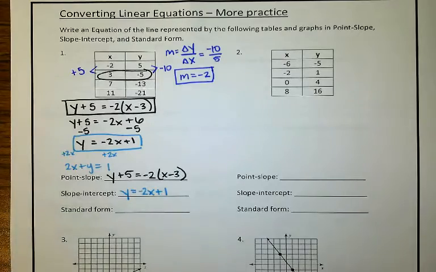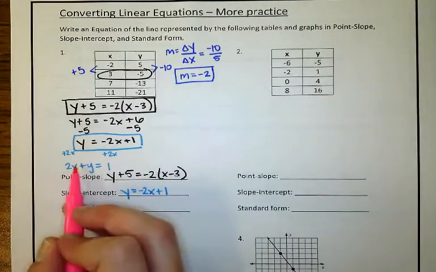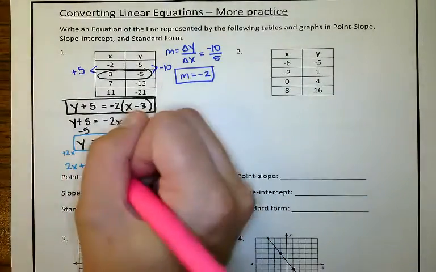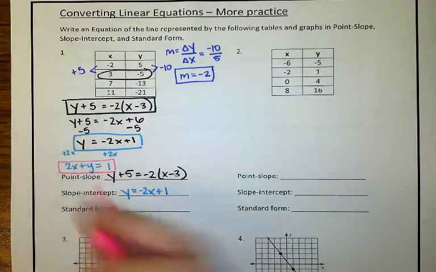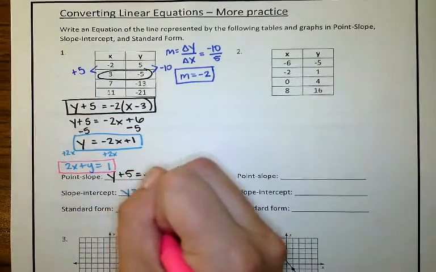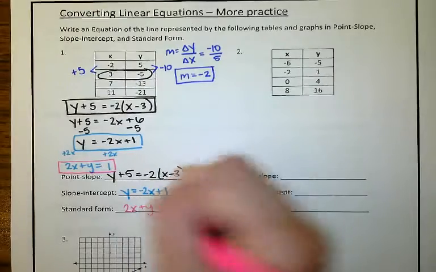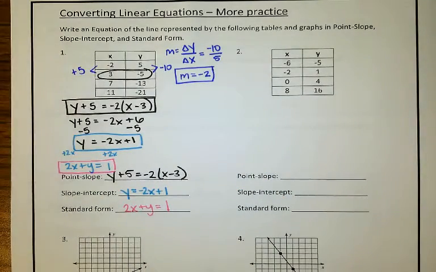We have no fractions. We have no decimals. Our leading coefficient is positive, so we are done. So 2x plus y equals 1. So those are the 3 forms of the equation for this particular guy. Do y'all feel good about that? Okay, so first we had to find a slope, then we had to pick out our points.